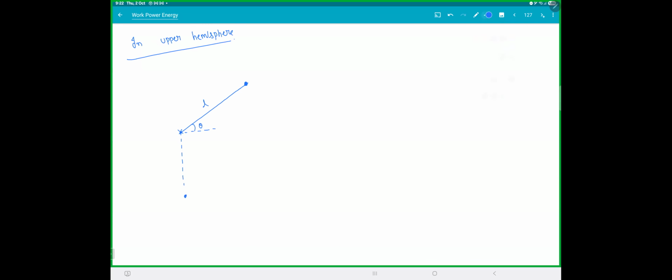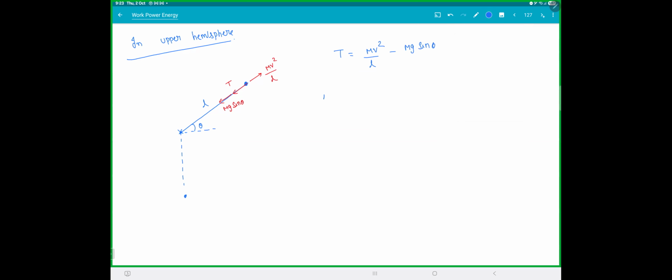Now if you try to draw the forces, the tension is pulling you down. The mg component is also pulling you down. The centrifugal force is pulling you out. That means the only one who is trying to keep the string tight is your centrifugal force. So we get tension is mv square by L minus mg sine theta.